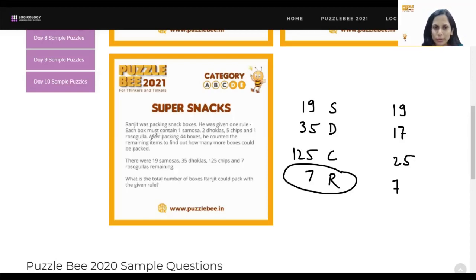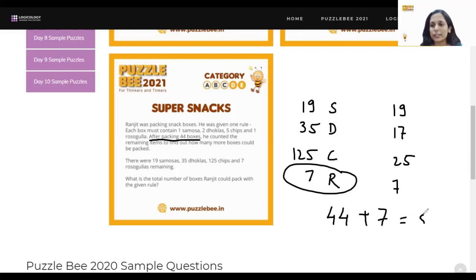What we wanted to check here was how many of you carefully read this sentence also, after packing 44 boxes. So we know with these items, you could have made only 7 more boxes. The answer though was not 7. The question was what is the total number of boxes he could have packed. So the total was 44, which had already been packed, plus 7.